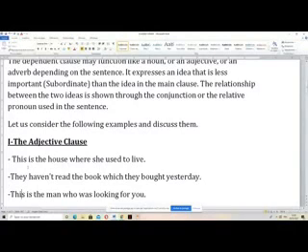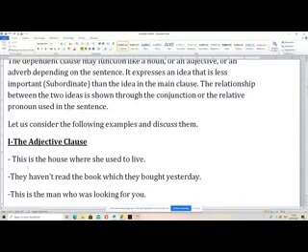But the difference is that the adjective clause, in terms of function, functions like an adjective. There is no other function. It is a dependent clause, but functioning as an adjective. That's why we call it an adjective clause.